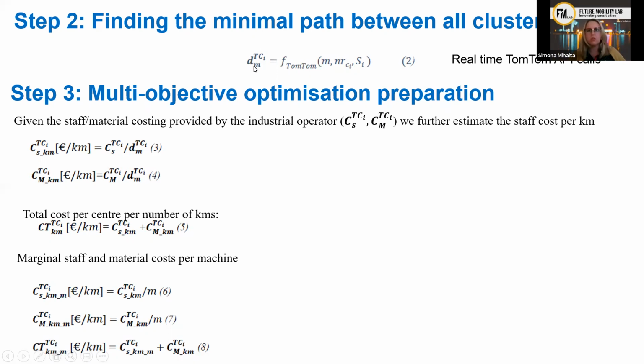So this is a distance m, the minimum distance between the clusters allocated to each technical center. So it's kind of like a minimal route, the distance that you would have to do in order to address all the clusters. And once we know the clusters and the minimal distance in between the clusters, then we start defining the multi-objective optimization.